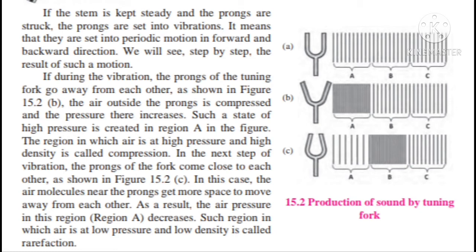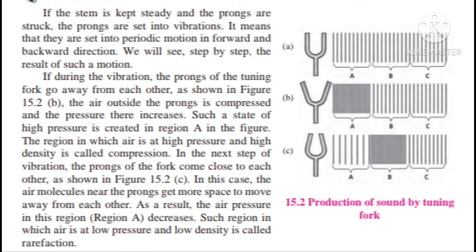In the next step of vibration, the prongs of the fork come close to each other. In figure 15.2c, the air molecules near the prongs get more space to move away from each other. As a result the air pressure in this region, region A, decreases.